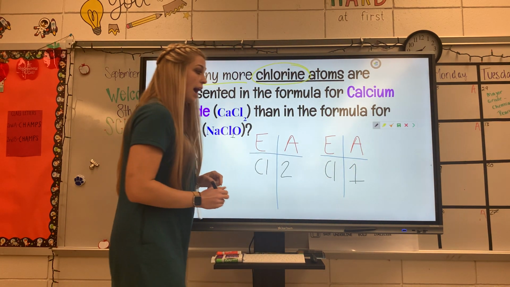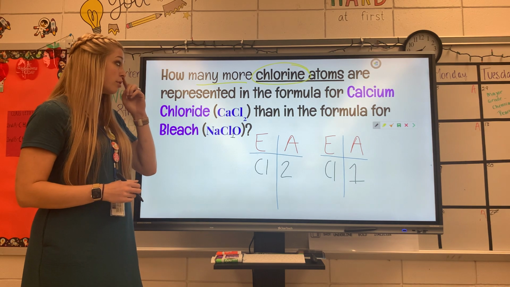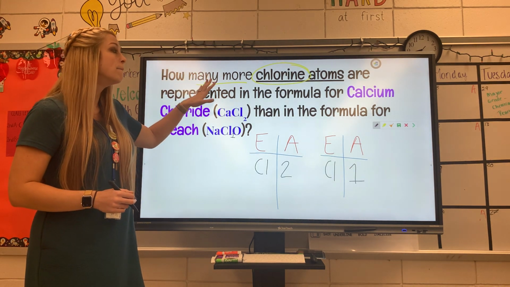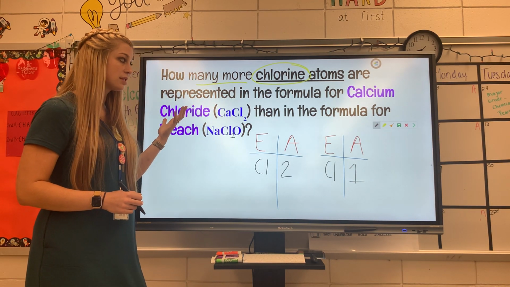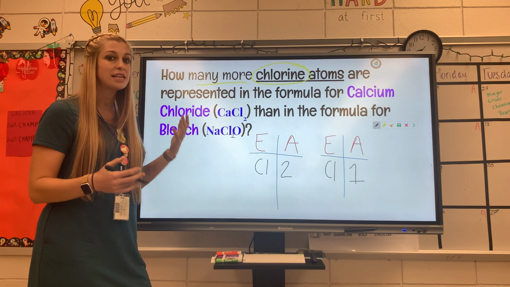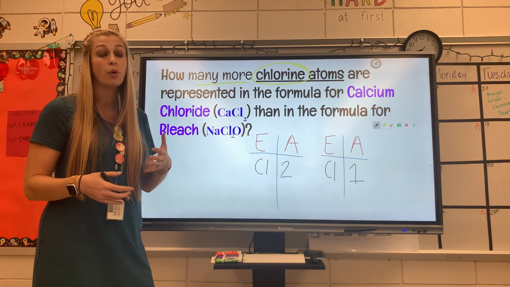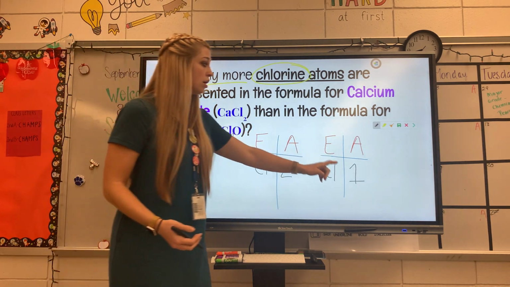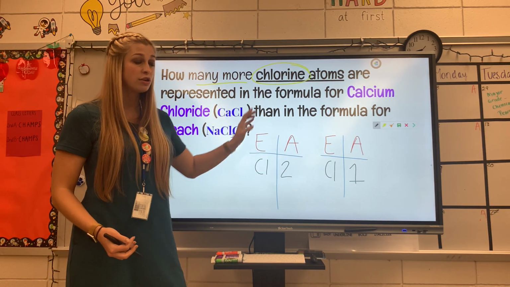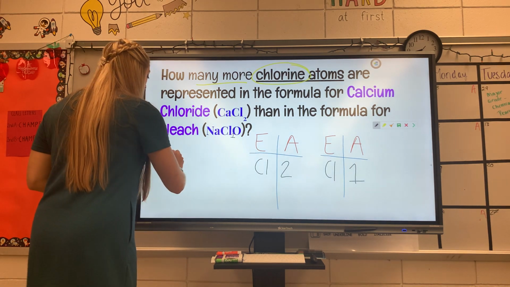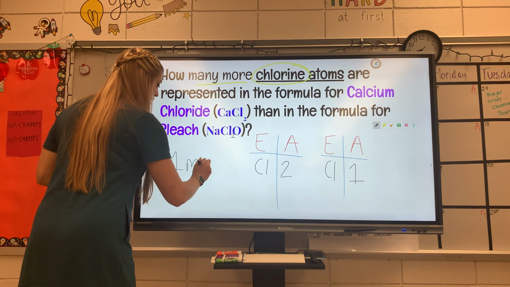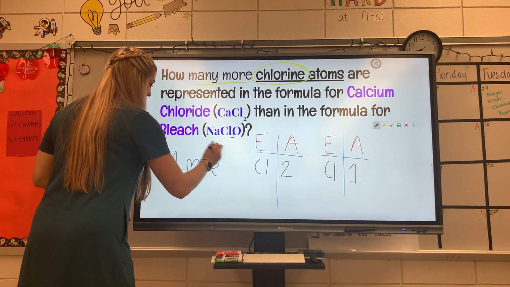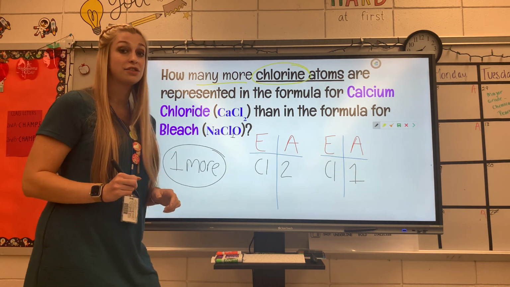So there's 1 atom of chlorine in bleach. So it wanted to know how many more chlorine atoms. So basically that's asking us for the difference again, or how many more. Calcium chloride has 2, bleach only has 1. So calcium chloride has 1 more. And that's your final answer.